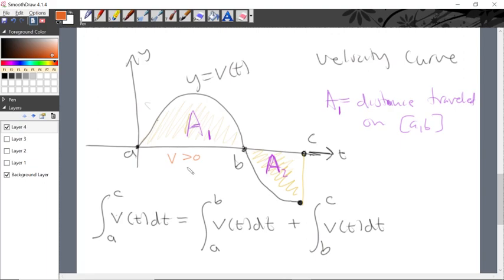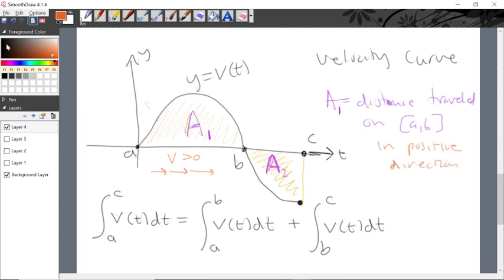On a horizontal line, that would indicate that the object is moving to the right. So A1 can be interpreted as the distance traveled on AB, the distance traveled to the right or up, in the positive direction. Distance traveled on this time interval A to B, in the positive direction.